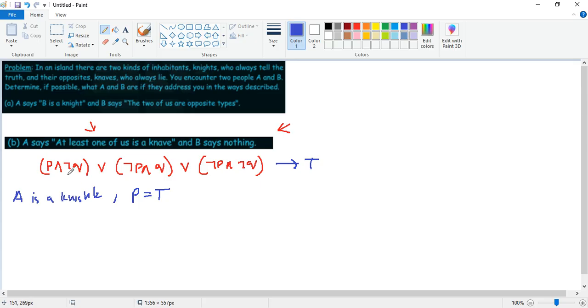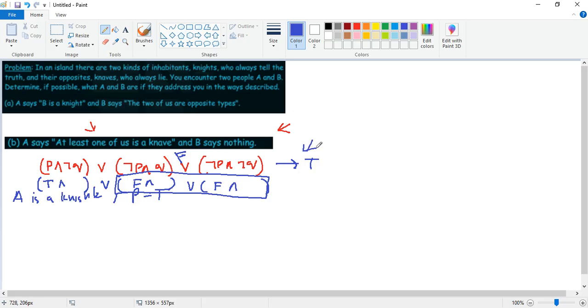So if P is true, then this is true, and let Q be whatever. Then this is OR. Here it's false and Q. We don't know what Q is, and not P is again false, so these two are false, and so that's going to become false.